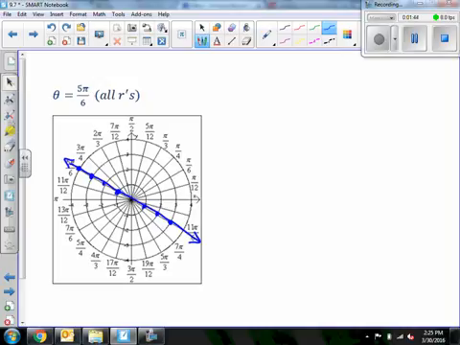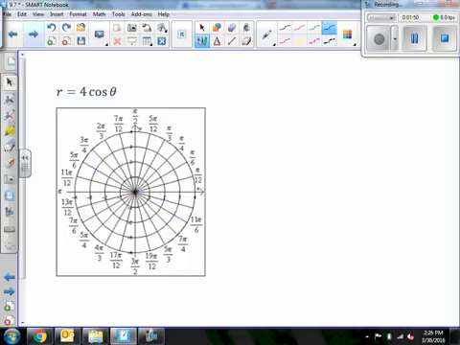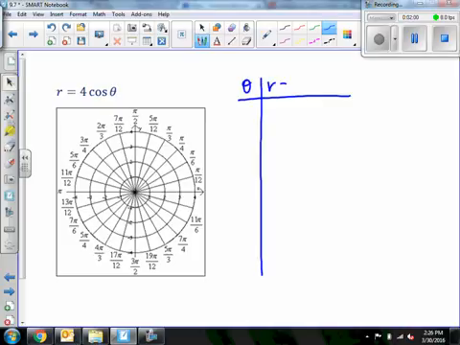What we're going to move on to now is graphs where it requires a little bit more work. So starting off here, r equals 4 cosine theta. In order to do this, you are going to need to make a t-chart where you have theta and you have r.